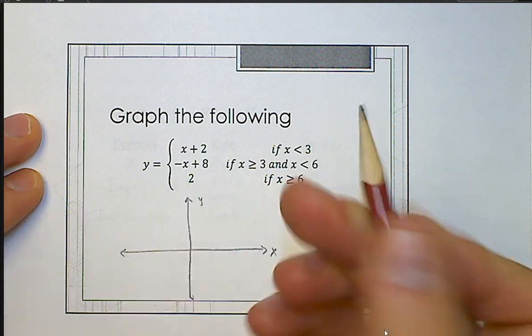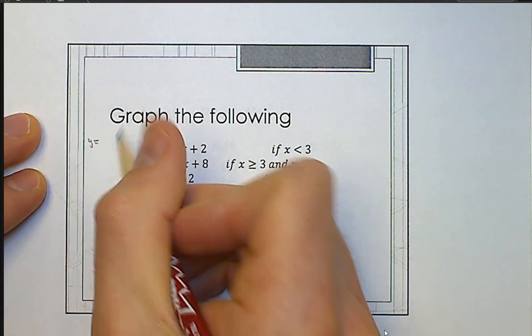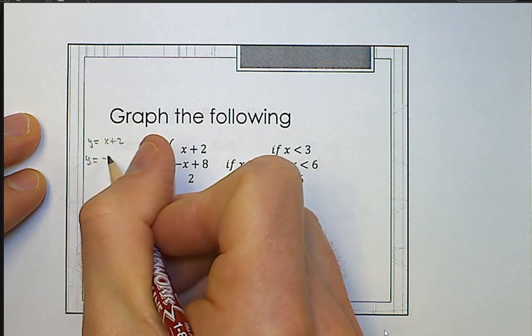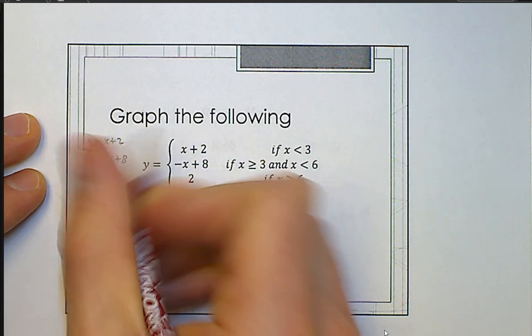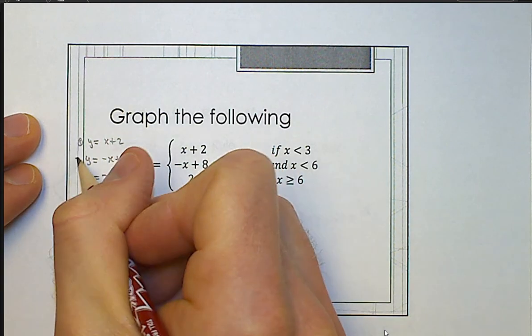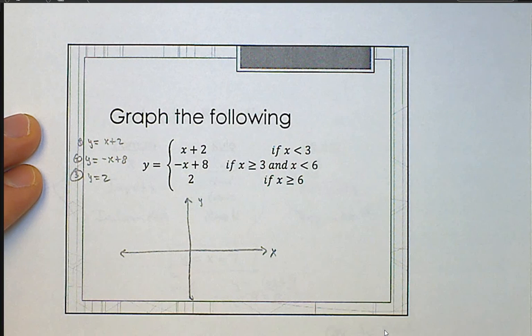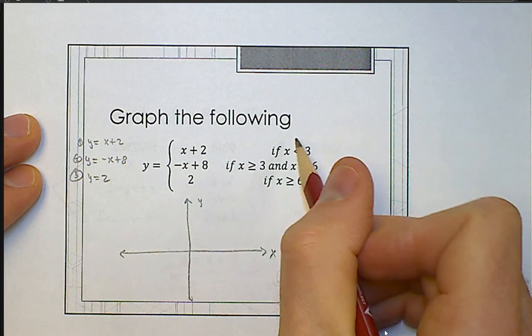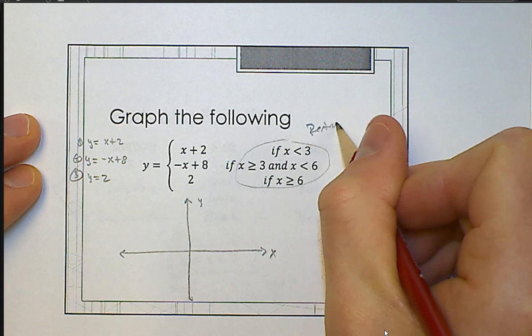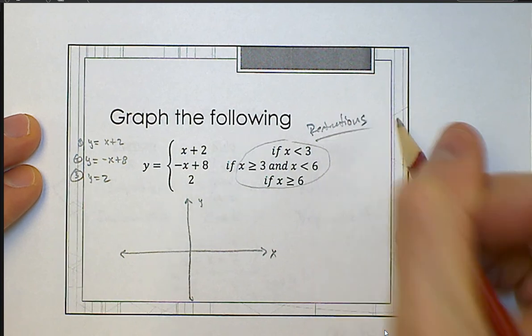Some students I've seen in the past will go off to the side and write the 3 out just because it looks better to them. They're not used to the piecewise function stuff yet, and so they want to write out the 3 functions that they have to graph. Now, these right here are all the restrictions that are placed upon your graph, and I'll get to that in a second.